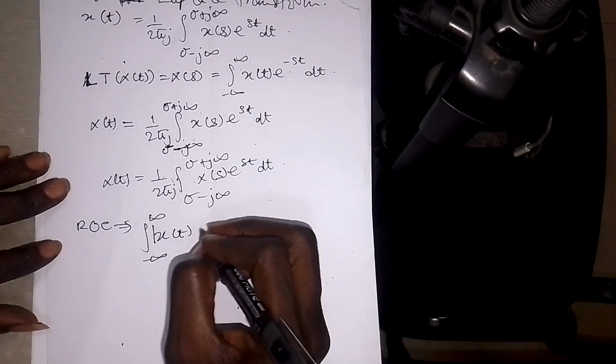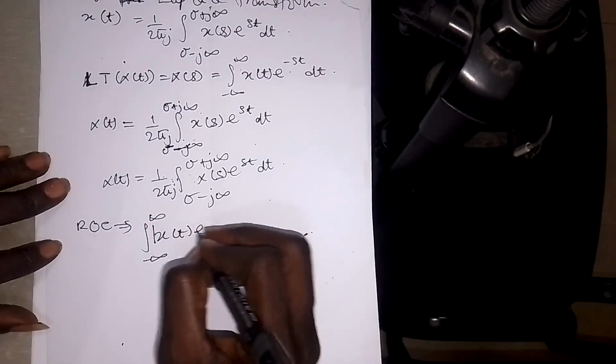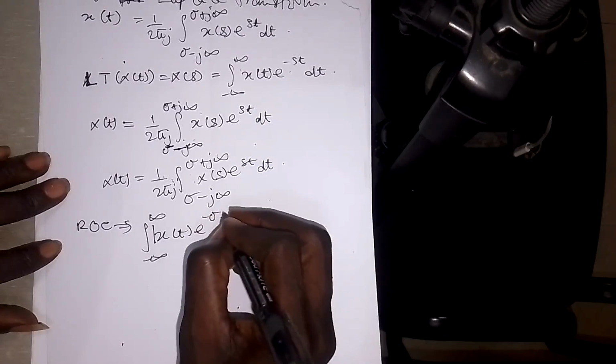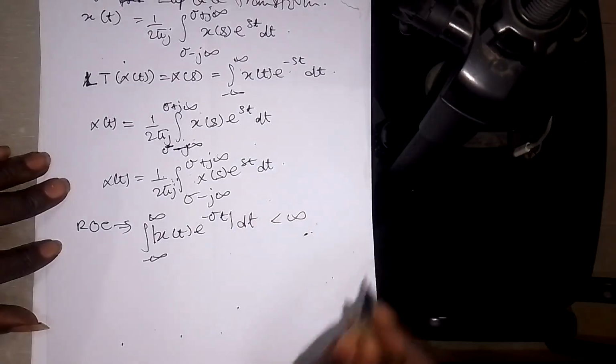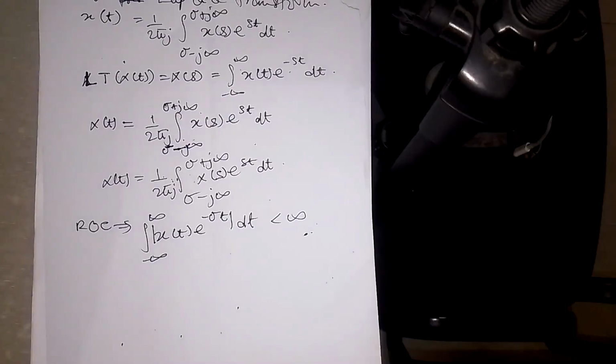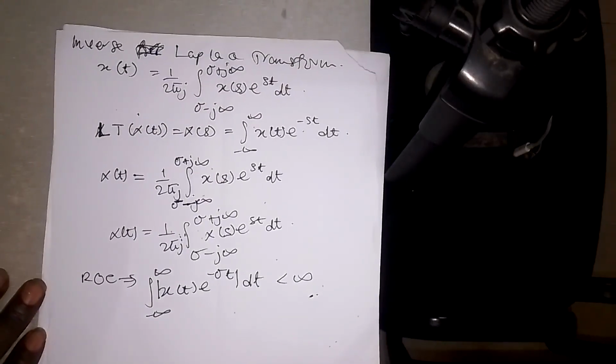So we take the integral from minus infinity to infinity of the absolute value of x of t times e to the minus sigma t dt, which should be less than infinity.